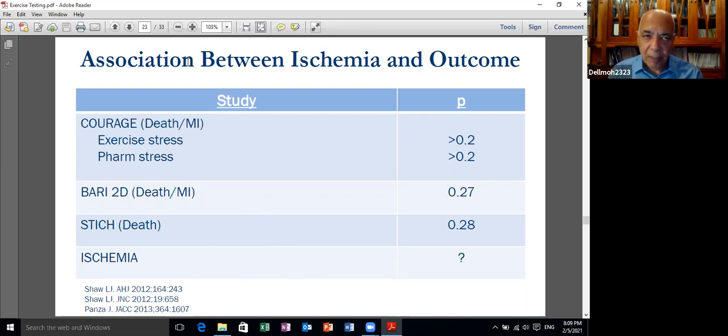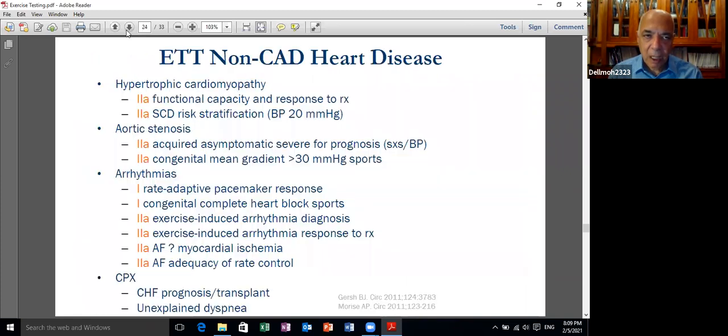Not only ischemia, because it is very important to know that ischemia, which has been driving our behavior so far, is not linked to outcome by all recent major trials. The illusion which we had before was because of many observational trials linking both, which turned out to be not exactly the case.